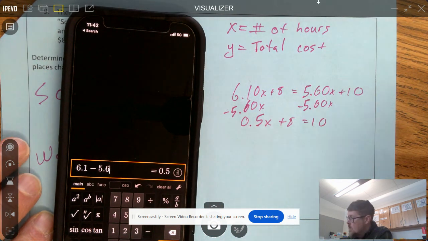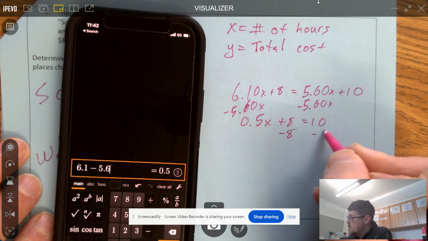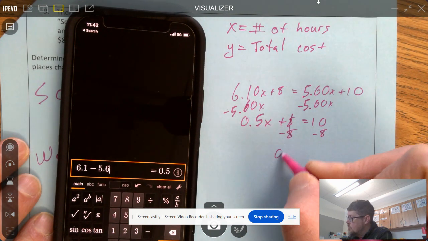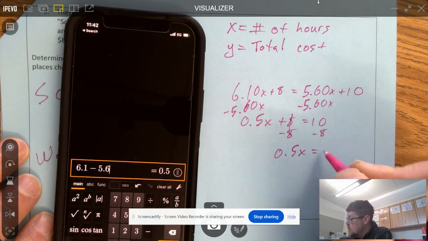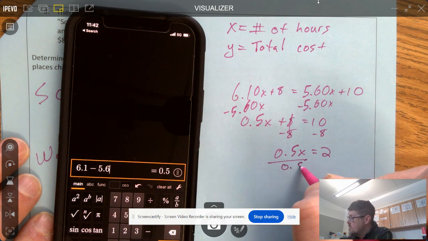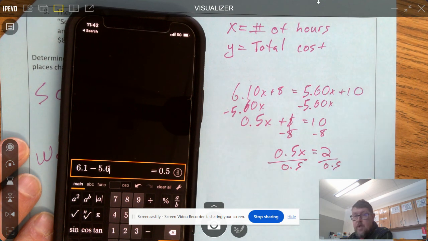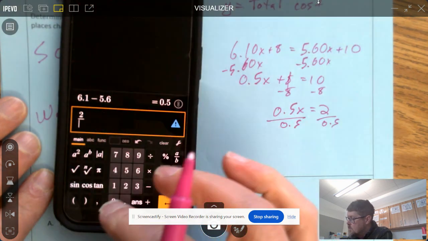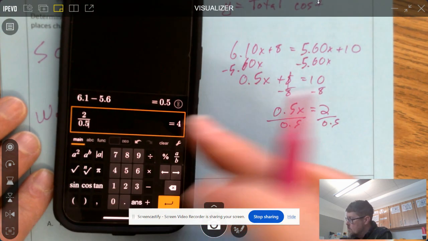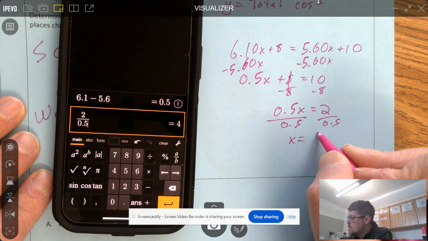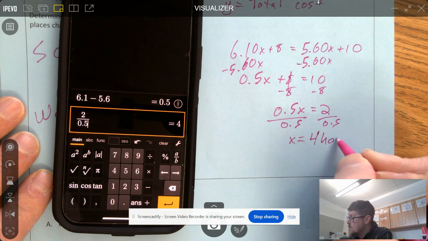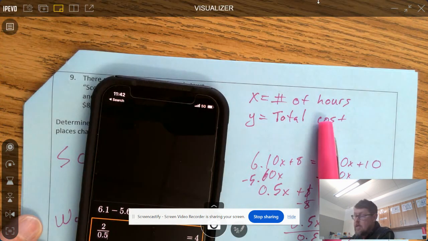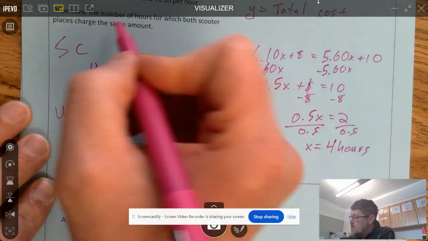Okay. I'm going to take that 8 and subtract it from the other side, and I get to 0.5x equals 2. And I divide by 0.5. Okay. And then I'm just going to do that on the computer. 2 divided by 0.5 gets me to 4 hours. Because the x is the hours, right? X is number of hours, right? So that's 4 hours, and honestly, that is all we need.